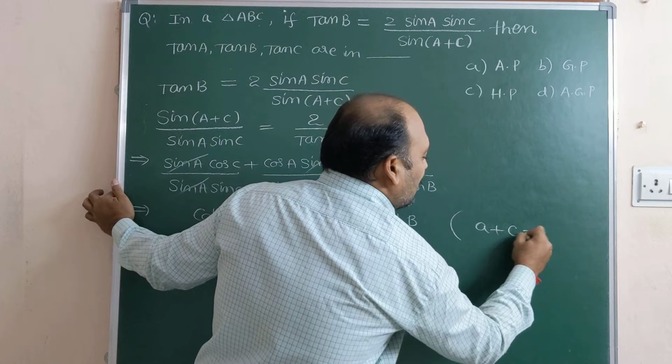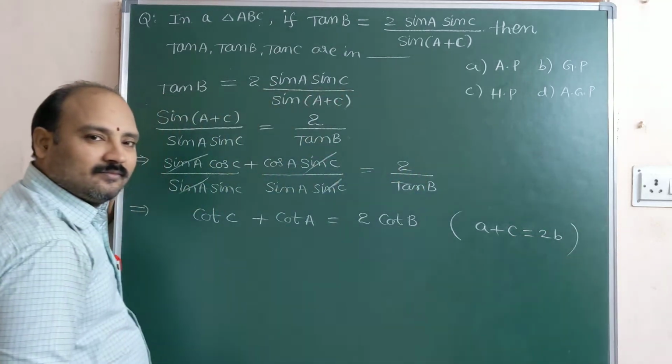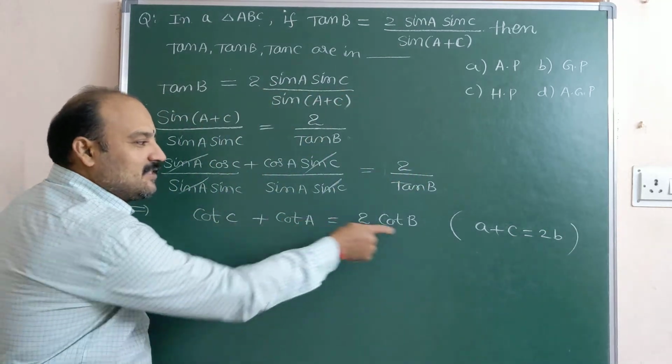A plus C is equal to 2B. Am I right? This is C, this is A, this is 2B.